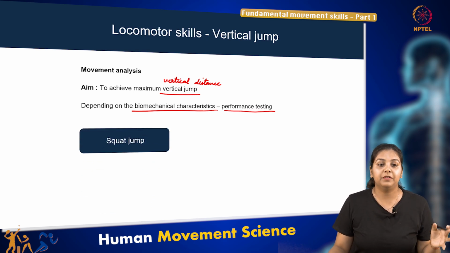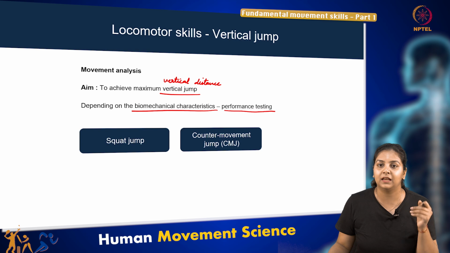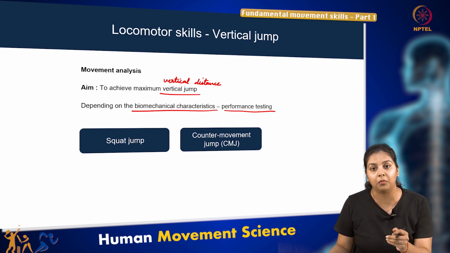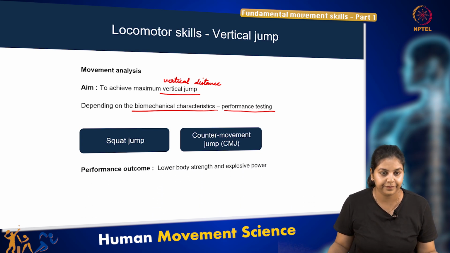For example, we have the squat jump, and you have a counter movement jump. As these two jumps suggest, and we'll be looking at these in detail shortly, they're quite different. They both achieve maximum vertical distance, but the biomechanical characteristics of how they are performed and the underlying technique is different. Let's look into them.